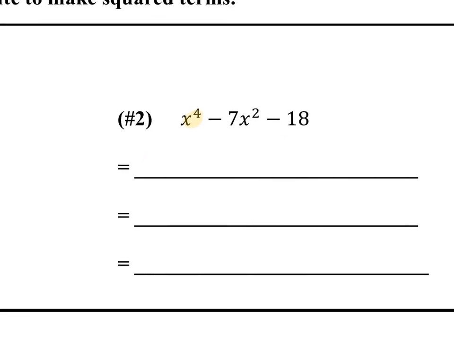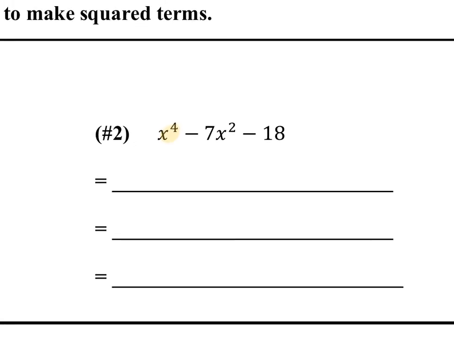Okay, this second one, there's a couple ways we could do it. The one way I will show you is we can do substitution. So what that means is, since we have an x to the 4th and the middle is x squared, that middle term we're going to say x squared equals w. That's what we're going to say there. And then if I square each of these, that means x to the 4th equals w squared.